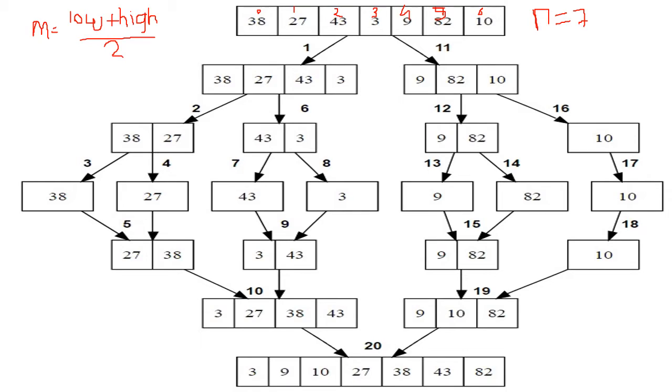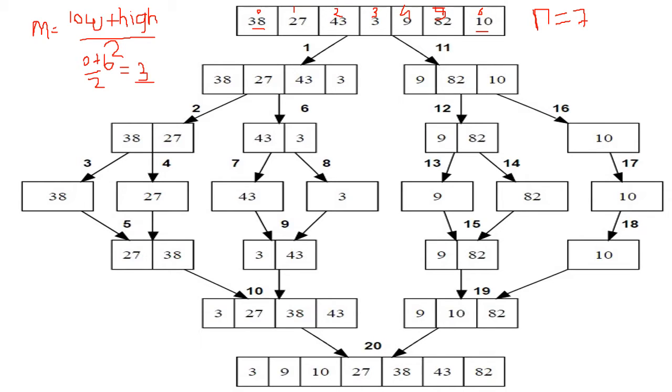Here our low value is 0, high value is what? 6. Means 0 plus 6 divided by 2. Here we get our midpoint as 3. 0 plus 6, 6 divided by 2, 3. Means our midpoint is 3.